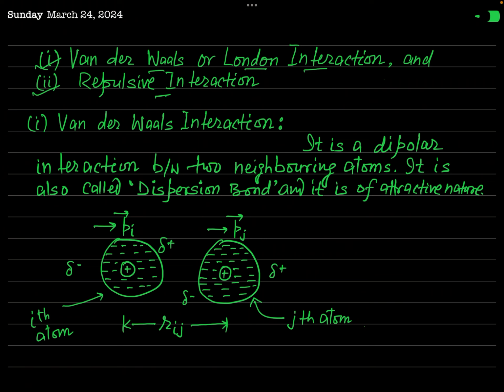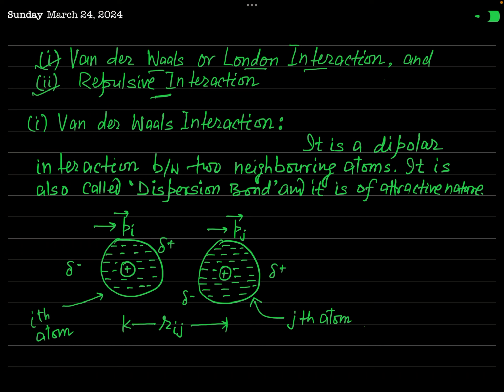But in this case of molecular crystal, the atoms are bonded together by two types of interactions. The first one is called van der Waals interaction or London interaction, and the second one is called repulsive interaction. Now we will see the energy developed in our system due to these two interactions.